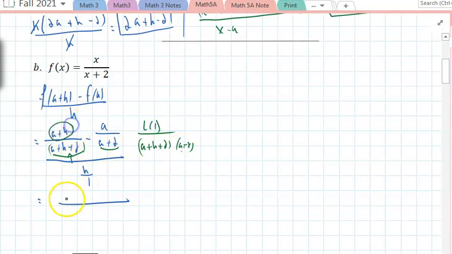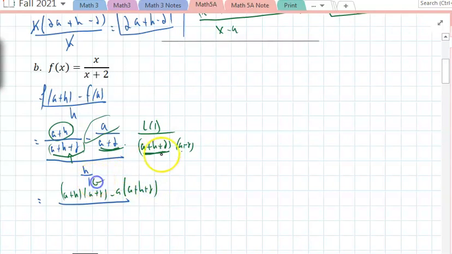That becomes a plus h times a plus 2. This is missing the a plus h plus 2. Multiply top and bottom by that. You have a negative a times a plus h plus 2. And the denominator is missing both of those. So that's h times a plus h plus 2 times a plus 2.